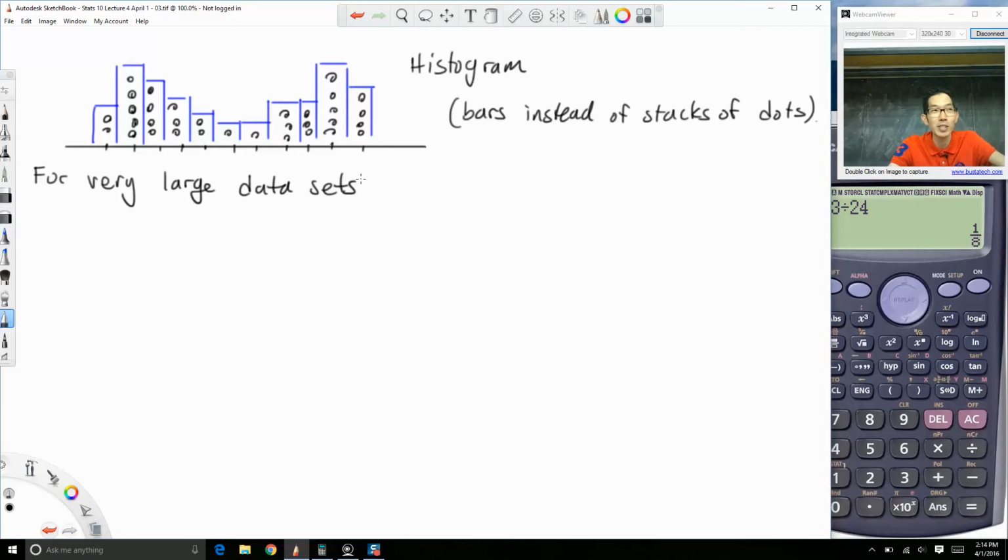Those of you in the back, I got head nods, so we're good. So for very large data sets, a dot plot is less desirable, just because you're going to have thousands of dots. Instead, we can create histograms with bins.